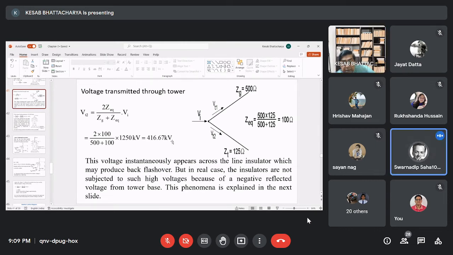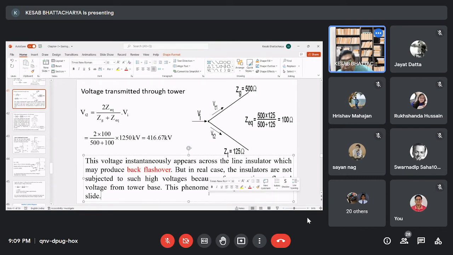Yes, sir. Clear. Now, this voltage instantaneously appears across the line insulators, which may produce back flashover. Suppose we consider the case of a 132 kV line, or say a 75 kV line, whatever.